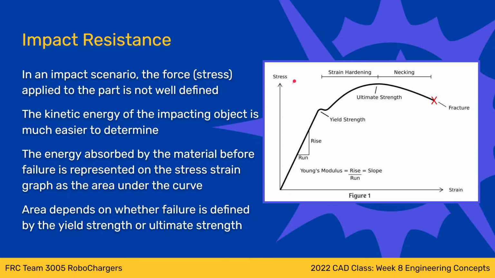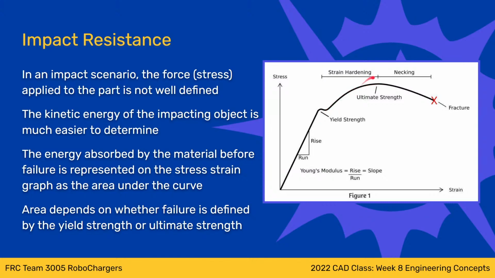And so that is another important thing to understand: when you're talking about impact, the relationship between the yield strength or the ultimate strength and the modulus of elasticity all play together to give you this graph that has this area underneath it. And obviously, when we're talking about our robot frame, we know that our robot frame exceeded the yield strength, and we went past this into the plastic region of the material.